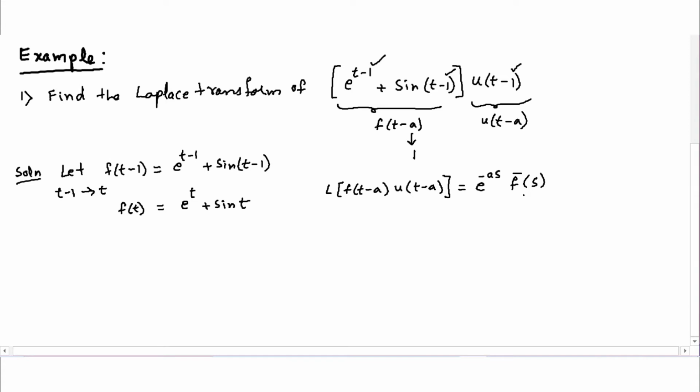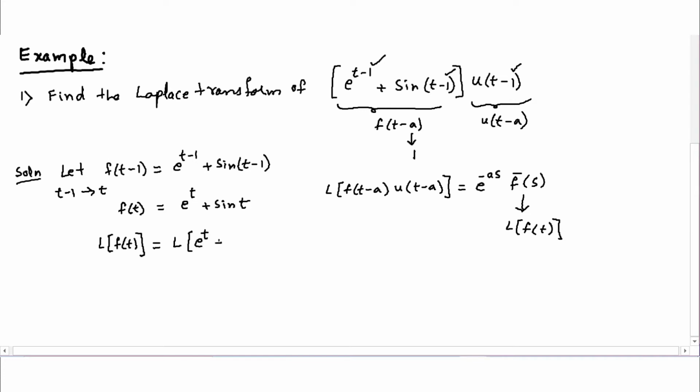So on the right hand side, the only thing that I need to calculate is f bar of s, and we know f bar of s is nothing but L of f of t, the Laplace transform of f of t. So the only thing I need to do here is find the Laplace transform. So just apply the Laplace transform on both sides.